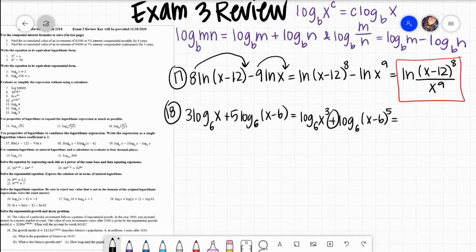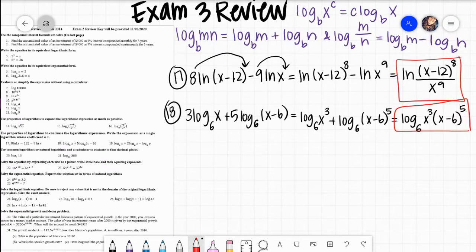Because this is a sum of these two logs, my m and my n are multiplying each other. So we have log base 6 of x cubed, and then you could open parentheses to write your x minus 6 to the 5th, the same way it's written right here. And that is your answer to that problem.